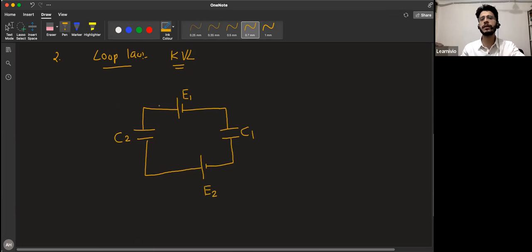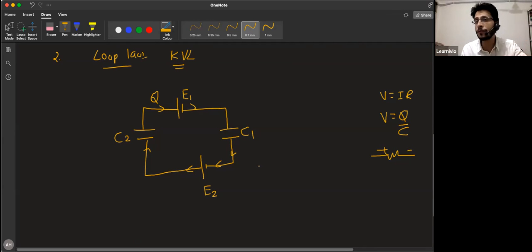If I take this circuit and say this is the direction in which charge is flowing, see, there is no resistor here. Instead of a resistor, you have a capacitor. The voltage across a resistor we calculate using IR, but the voltage across a capacitor is Q by C. But to consider sign convention, you have to provide polarity to the capacitor. A resistor doesn't have positive and negative polarity, but a capacitor does.